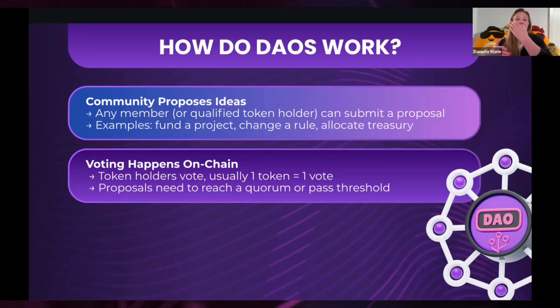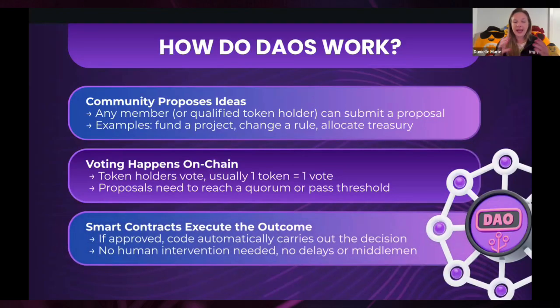If you didn't meet that KPI or that goal or meet that deadline, then you won't get the next release of the funds, because it's been built and baked into the contract. So voting happens on chain, as we've already talked about, and then these smart contracts carry out the decisions. So on a very high level, that's how DAOs work.